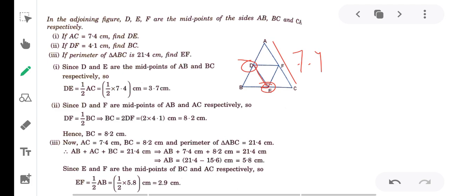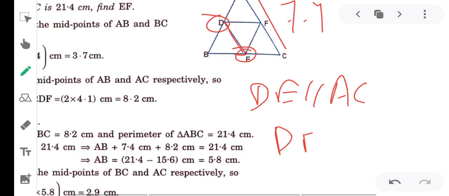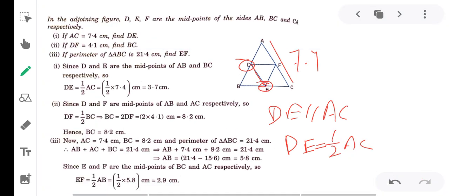Then this line segment DE is parallel to AC, and by the midpoint theorem, DE equal to half of AC. So half of AC is 1 by 2 into 7.4 centimeter, that is 3.7 centimeter. Clear?